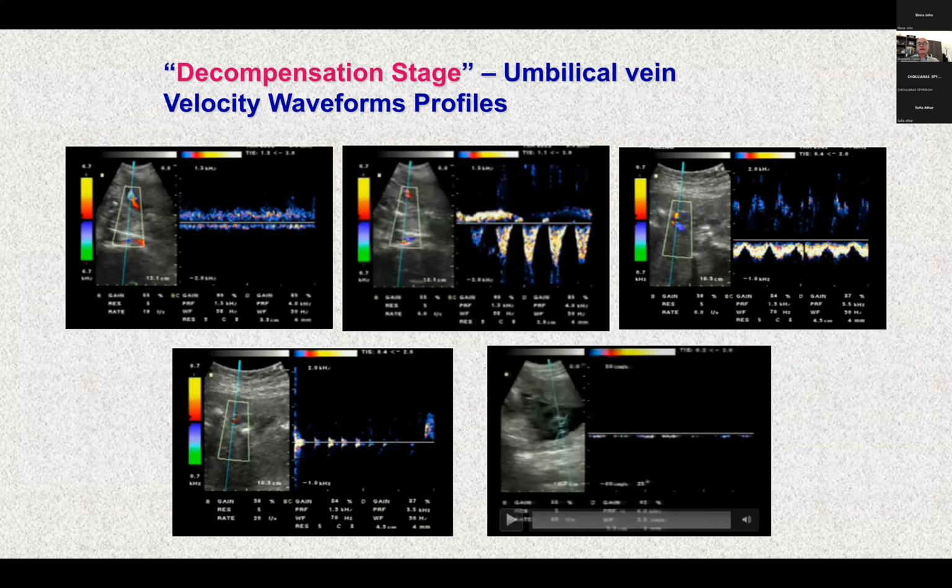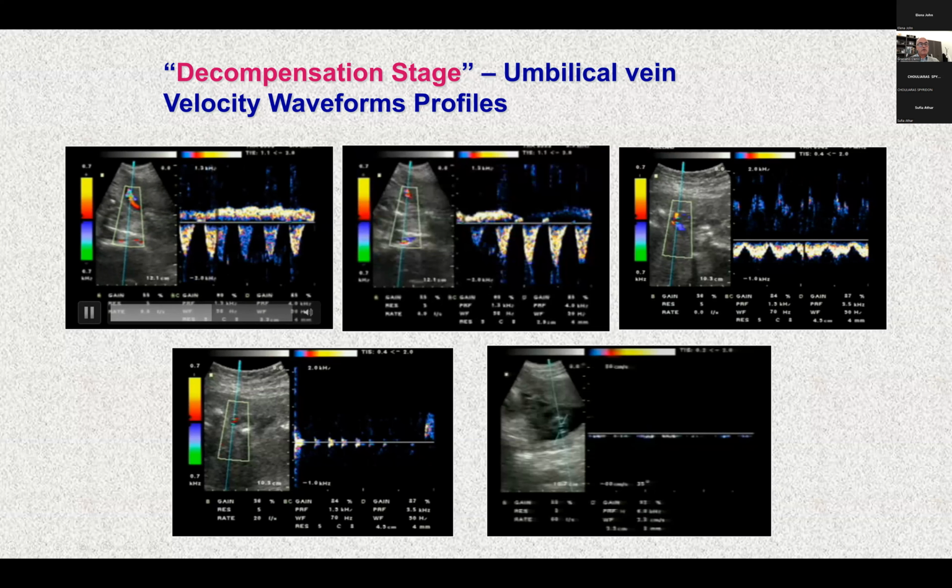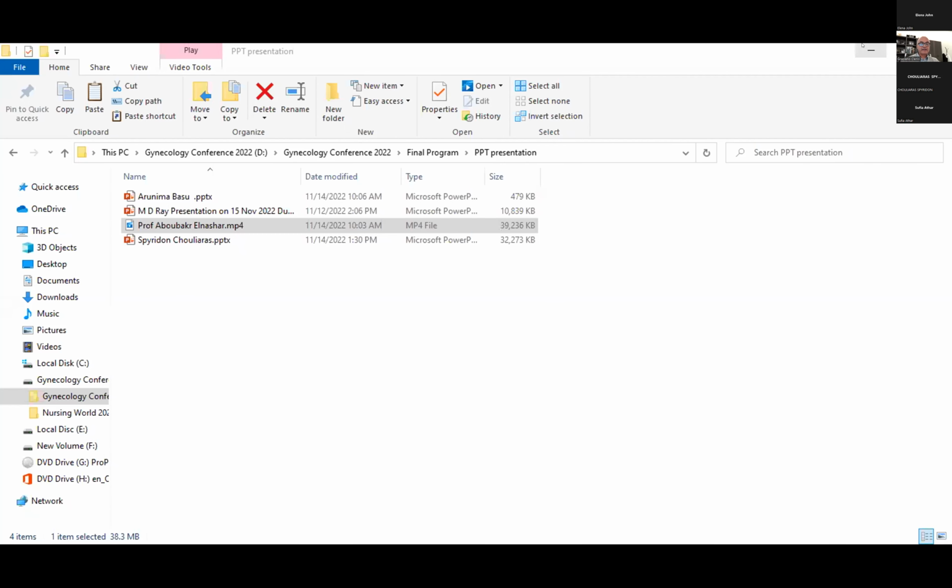If we look to the umbilical vein, we can see a progressive deterioration characterized by the progressive hemodynamic alteration in this vessel. You can see here at the beginning, we have a good forward flow in the umbilical vein with very little pulsation that is synchronous with the cardiac cycle, very different from these pulsations that are not synchronous with the cardiac cycle that are related to the fetal breathing.